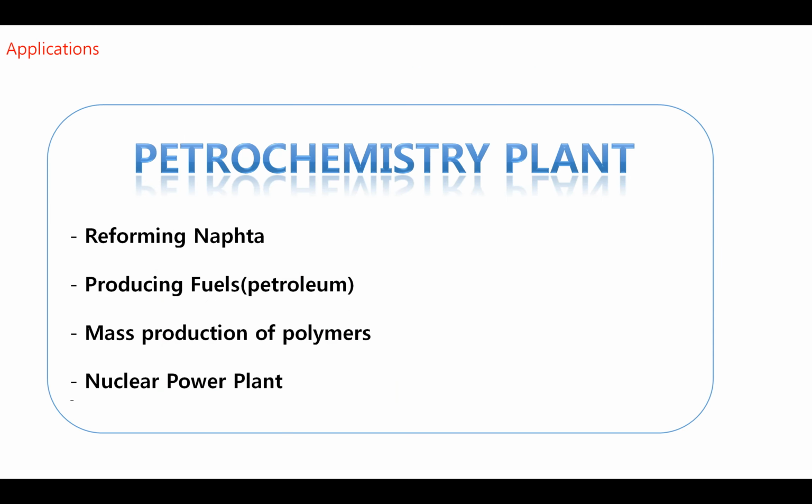Many companies use spherical reactors to reform naphtha or produce fuels like petroleum. And also, since higher feed rate is possible, it is used for the mass production of polymers in polymerization processes. And furthermore, there are many papers about the use of spherical reactor for nuclear power plant. So, there are so many uses and applications of spherical reactor, right?